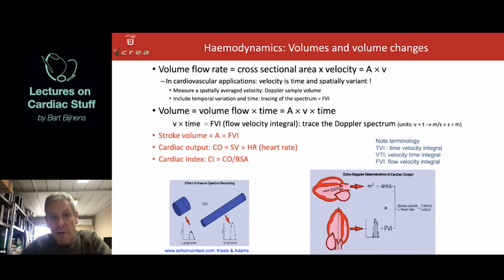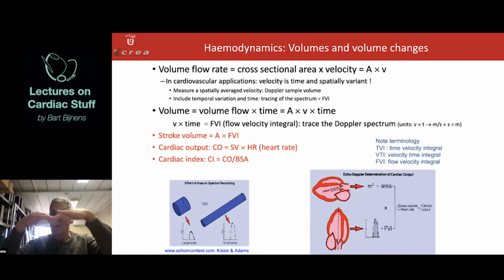And the other thing is that although the area of the valve is not changing a lot during the cardiac cycle, there are some changes. Again, the aortic valve is much more static, but the mitral valve, and at some point we might come back to that, is not only elliptic, it's actually like a hyperbolic kind of surface.